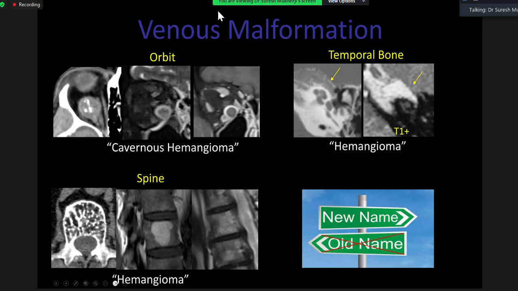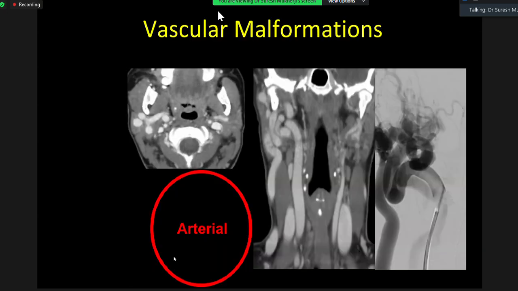So the fourth malformation that we'll talk about are the arterial malformations. If you look at this, you're going to say, aha, this is an arteriovenous malformation. But in actuality, when you look at the true classifications of vascular malformations, the arterial malformation is an AV fistula, correct?